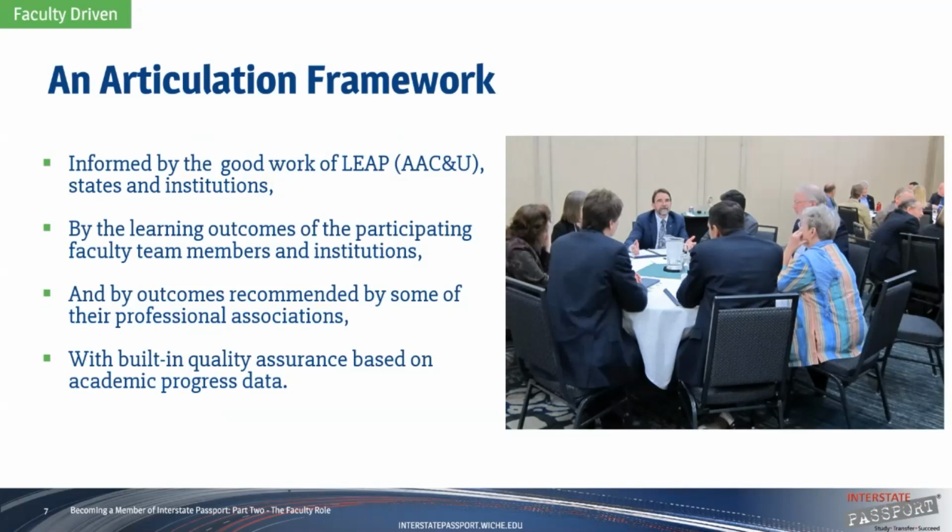It was also informed by the learning outcomes of the participating faculty members and teams from the institutions and states that were developing the work, and then also in some cases by outcomes recommended by some of the professional associations of the college teaching. And then with built-in quality assurance based on academic progress data that we'll talk more about later in this video.